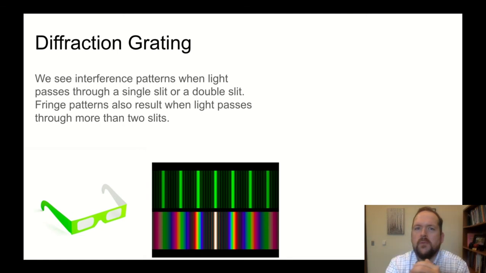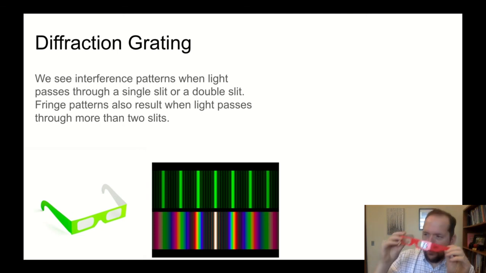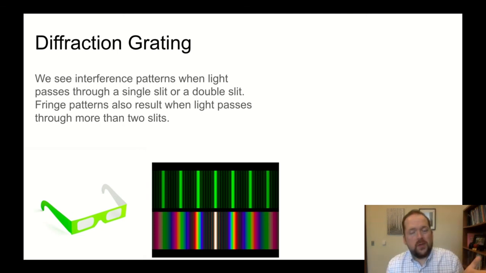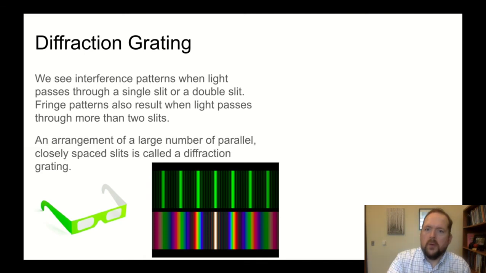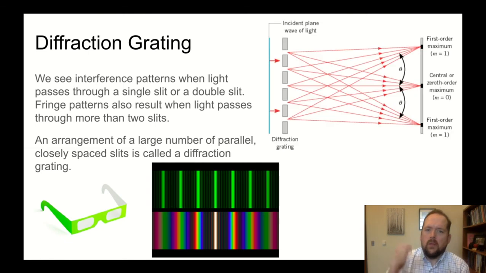Different colors of light have different wavelengths, and so I get constructive interference of different colors at different distances along the screen. So looking at something through a diffraction grating or even a reflection off a CD gives you a variety of colors rather than bright, dark, bright, dark. So this diffraction grating, again, is a whole bunch of closely spaced slits.